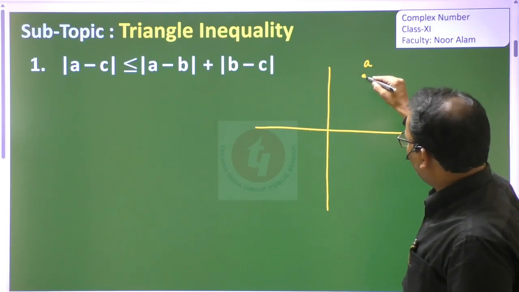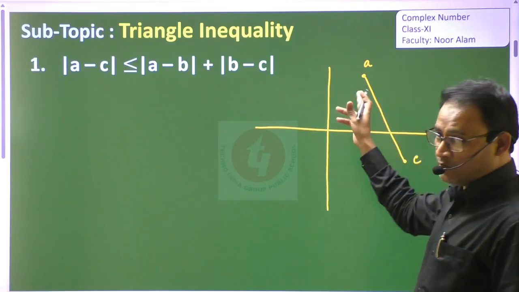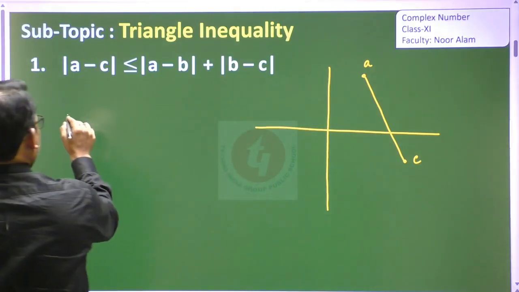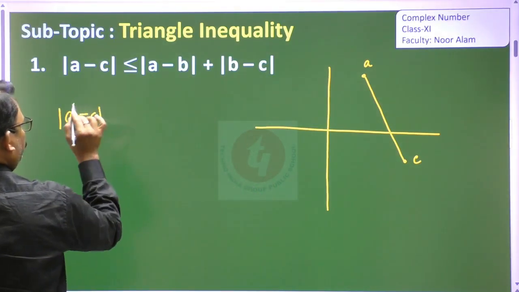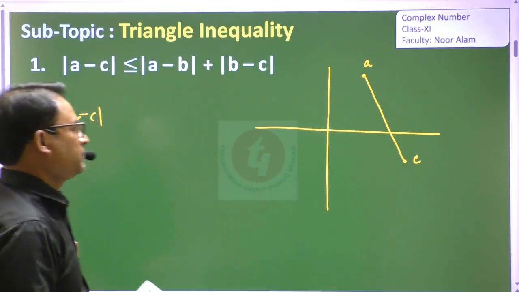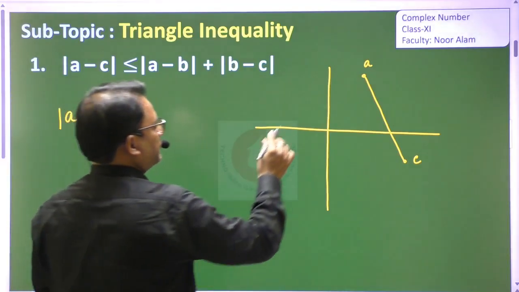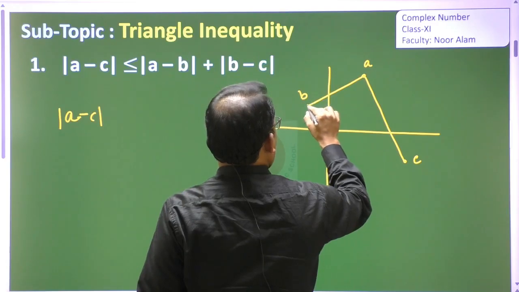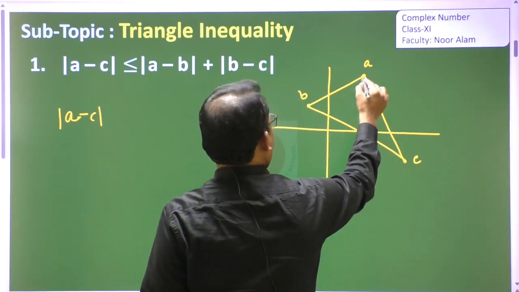From A, I want to move to the point C. So how much distance did I cover here? The distance is mod of A minus C. This distance I covered from A to C. Now, without moving from A to C directly, if I go first from A to B like this, then B to C, what will happen?